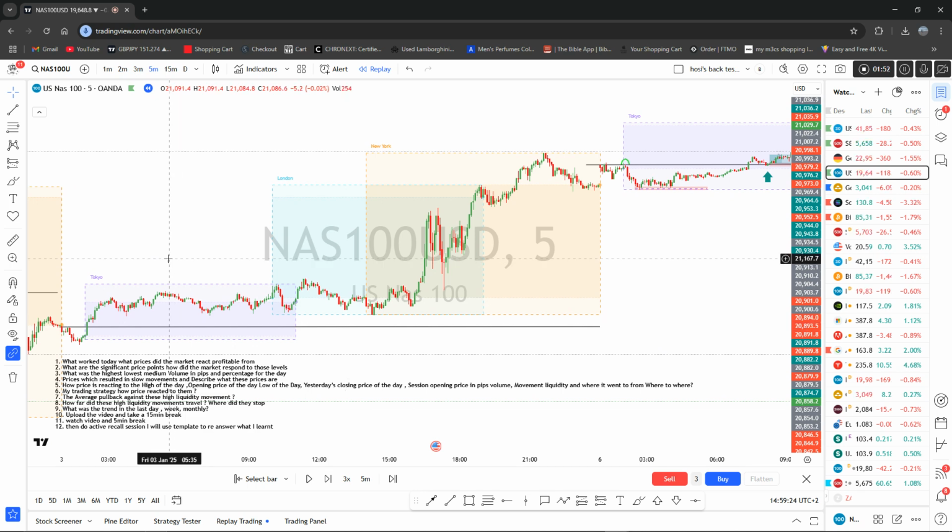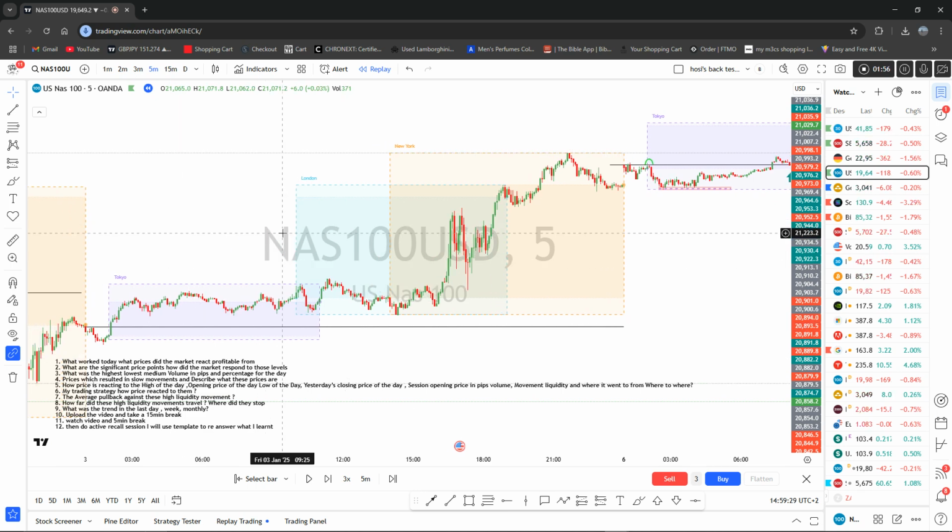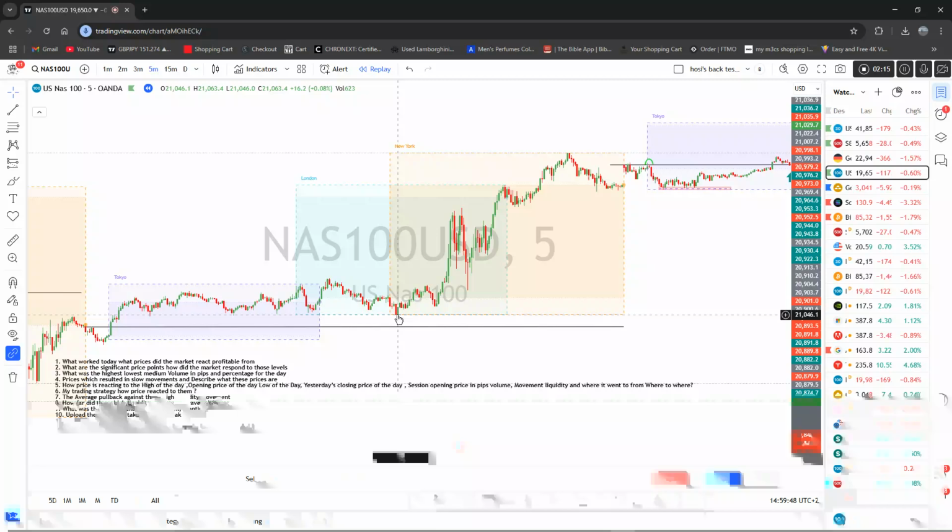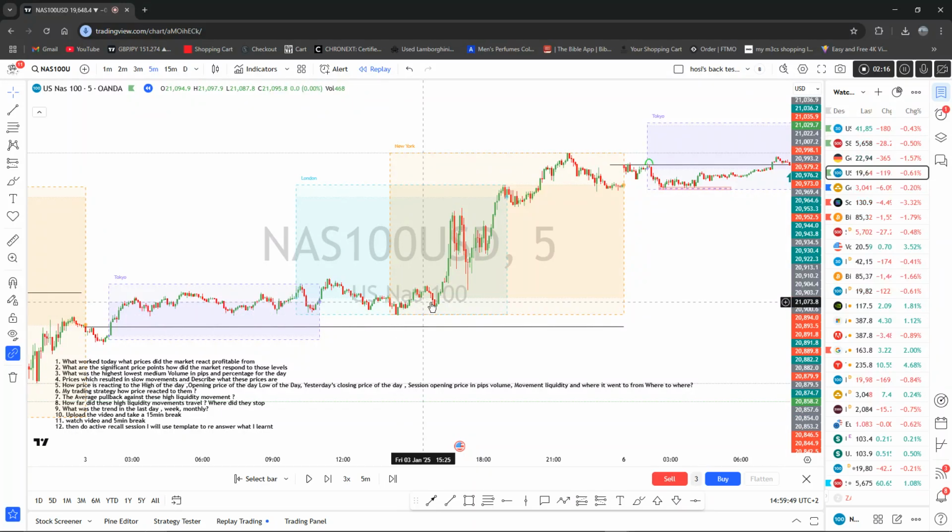So right, the 3rd of January, let's find out what prices during New York session did the market respond profitably from, meaning that high liquidity movement. This price here, 21046.1, price responded liquidly from that area.